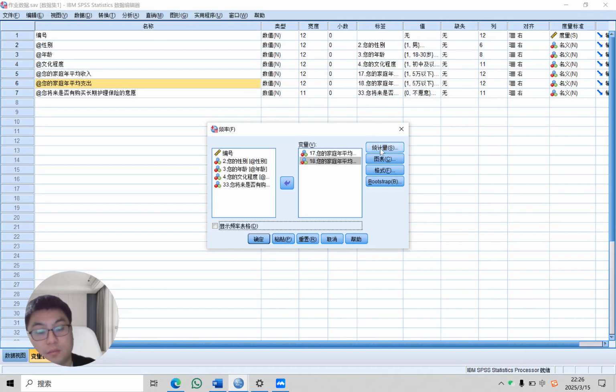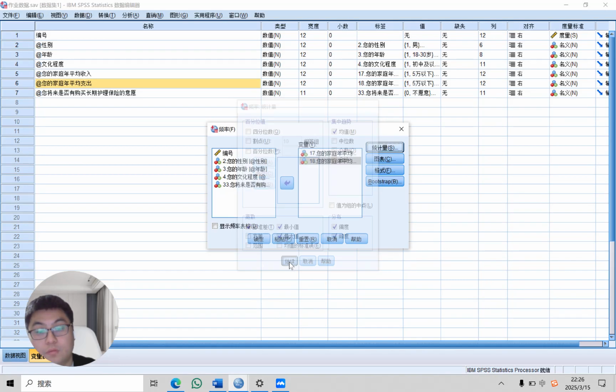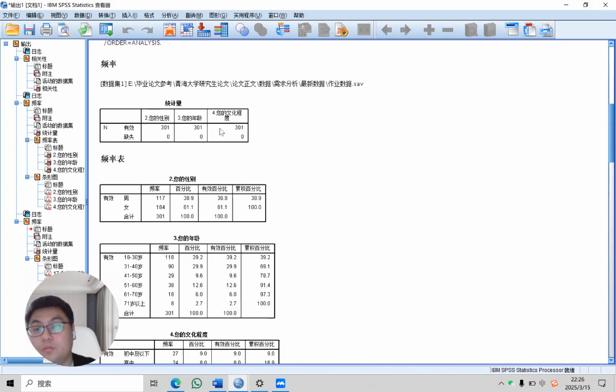Next, we will select the statistical measures and check the mean, standard deviation, maximum, and minimum. And then we will select skewness and kurtosis, and continue. Then we will get the result.